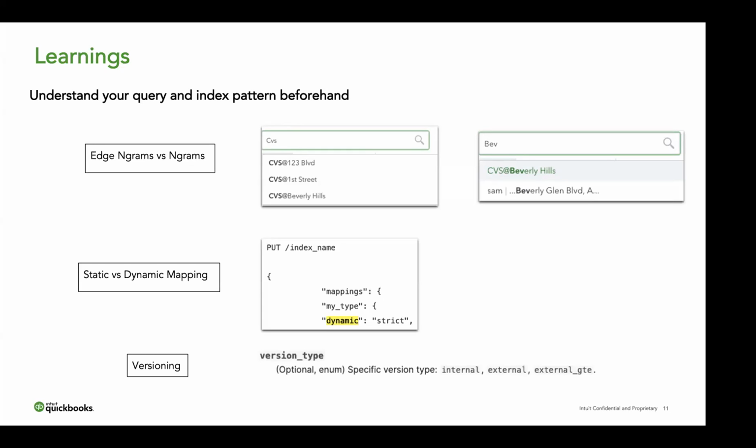Versioning. Elasticsearch provides different kinds of versioning. It can do its own internal versioning. So if you don't provide any versioning, it can use its internal versioning to increase the version of the document. We used external versioning because we were dependent on the versioning that is coming from the source system.